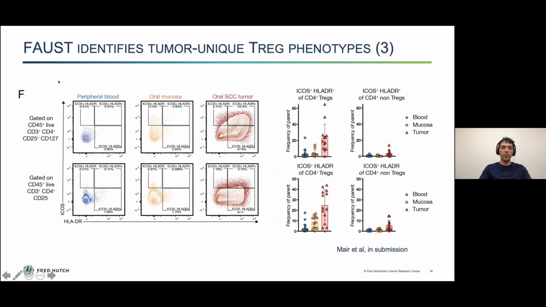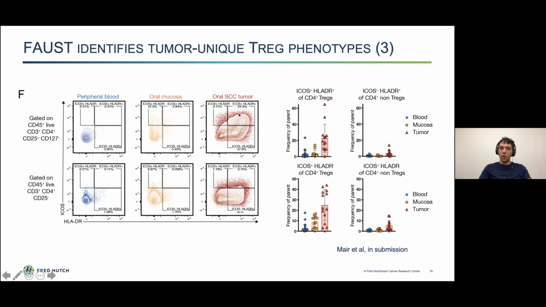And here in this upper panel, you can see the actual TREGs, CD4, CD25 positive, CD127 negative. And down here, you can see the conventional T helper cells, which would be CD4 positive, CD25 negative cells. And you can see that indeed this ICOS HLA-DR double positive population seems to be enriched in the tumor samples and not really present in the oral mucosa, and of course not in the peripheral blood.